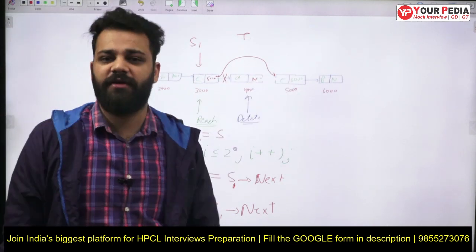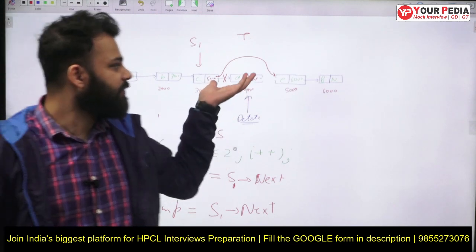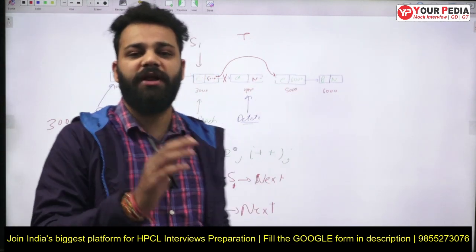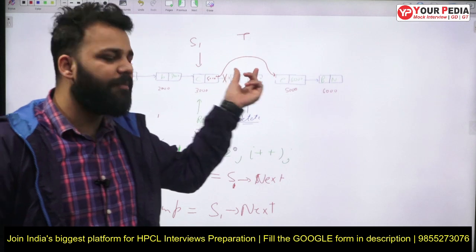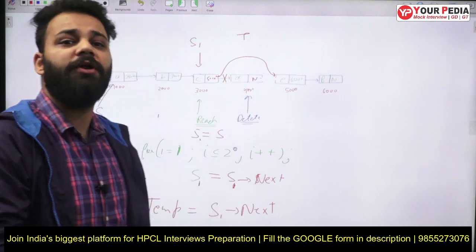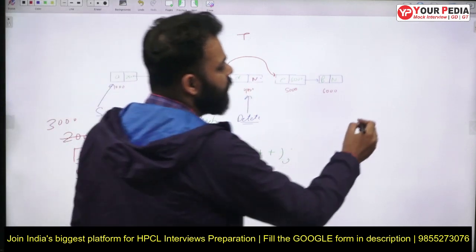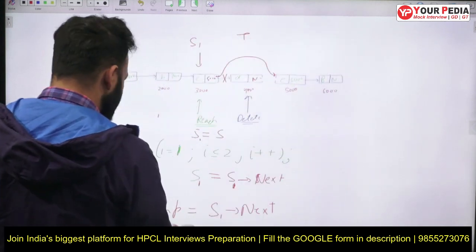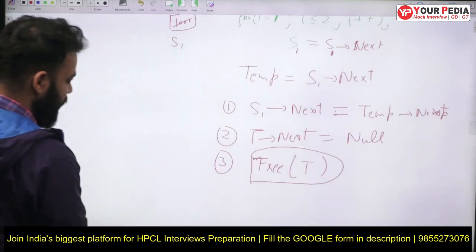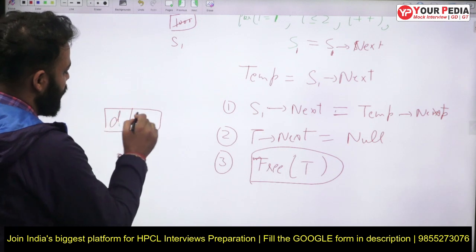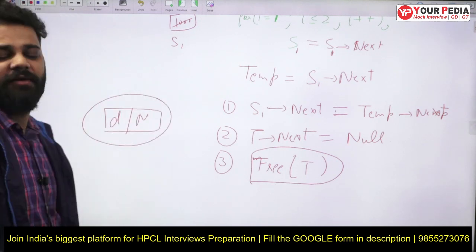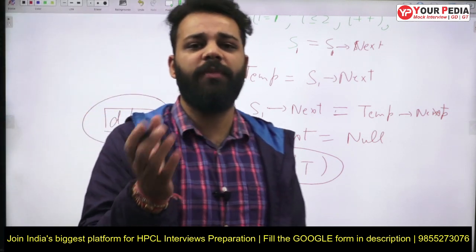D is stored in this node. Now this D is not in use. You are using the memory of this block, but you are not using this block. So this block D, with null as its next, will be freely roaming in the space.